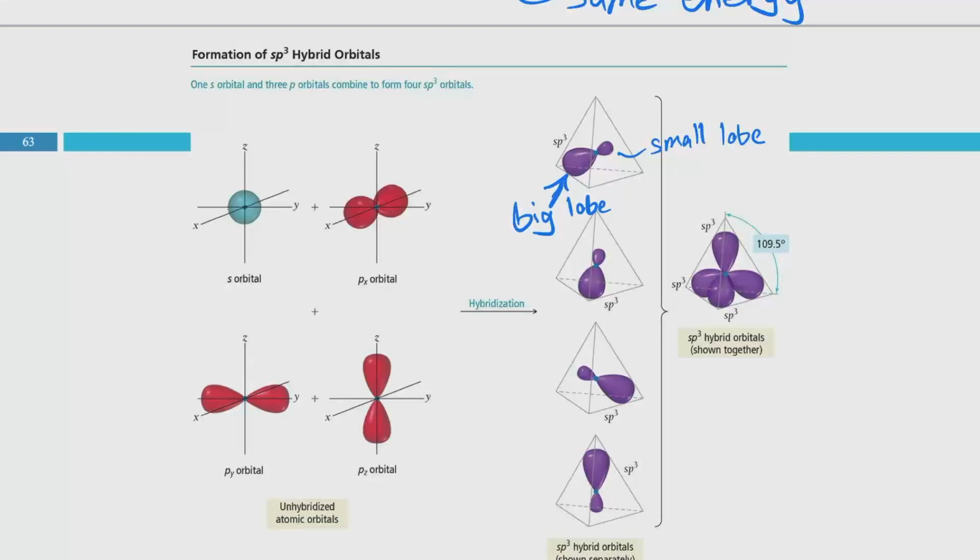And notice that we've got 4 hybrid orbitals. What's our shape for 4 electron groups? Tetrahedral. And this is a tetrahedral shape, with each of our lobes pointing out in one of those 4 directions.